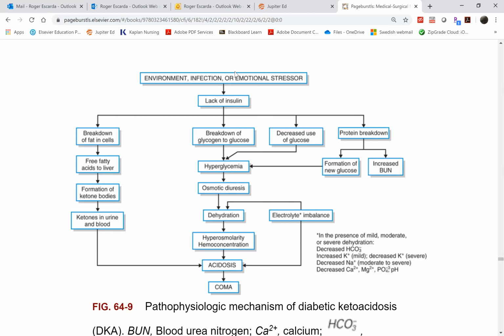If you go down the left side, once you break down fat, and a lot of it, it will lead to ketone body formation, which is now turning your blood pH less than 7.35. On the right side, under protein, you have muscle breakdown there because that's how we break down protein.